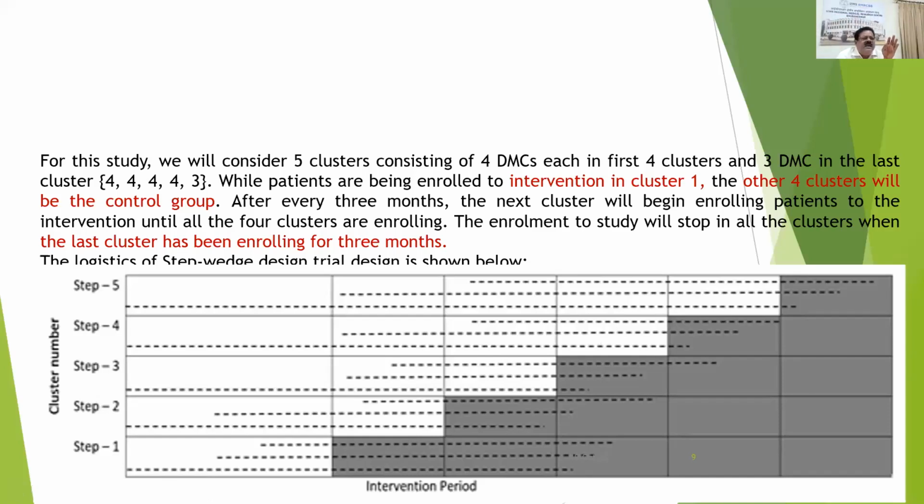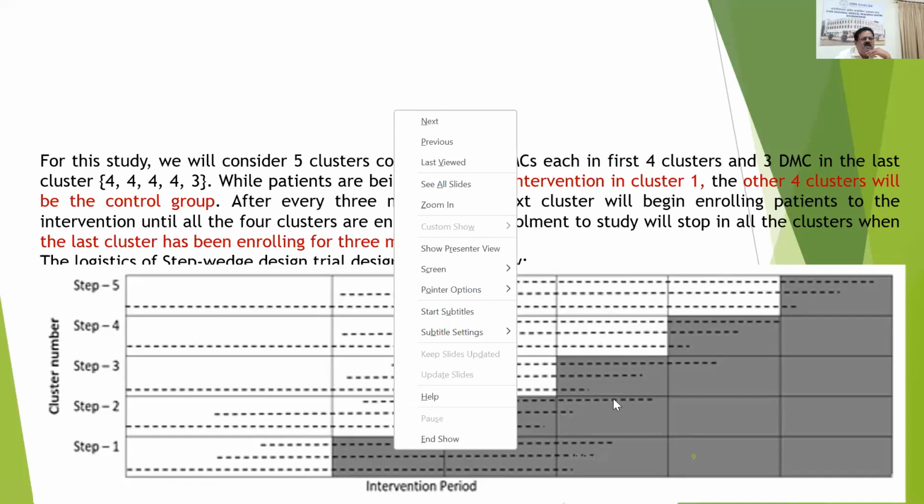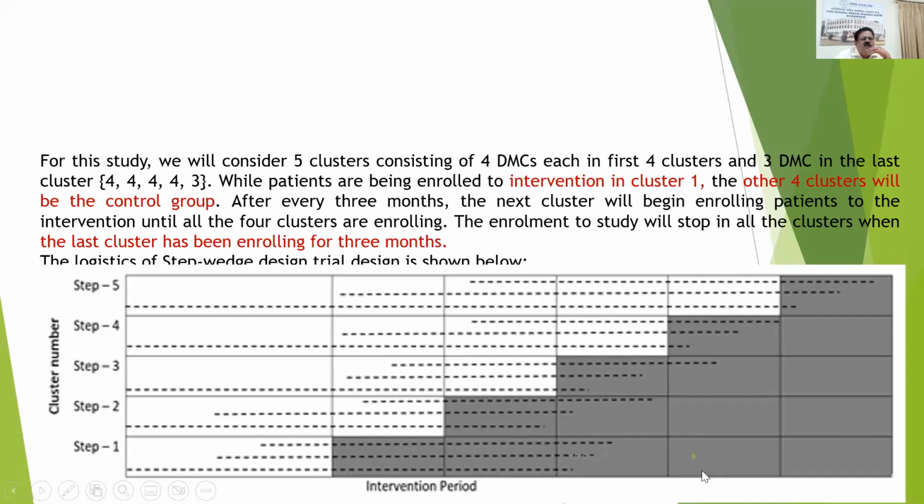And the black portion here, they are enrolling here. And when we go to step 2, they are enrolling the control here. They were doing it, but after 6 months they will be doing the intervention group enrollment. So similarly, the things will go on like this up to step 5.